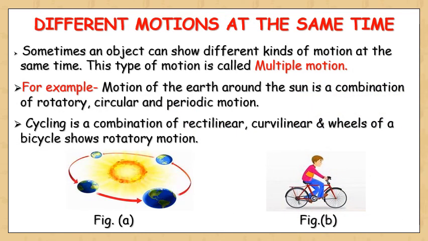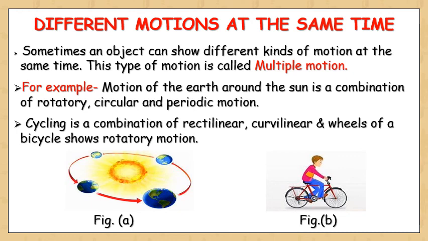Now let us see different motions at the same time. Students, sometimes an object can show different kinds of motion at the same time. This type of motion is called multiple motion. For example, the earth rotates about its axis while revolving around the sun. Thus, the motion of the earth is a combination of rotatory motion, circular motion, and periodic motion.